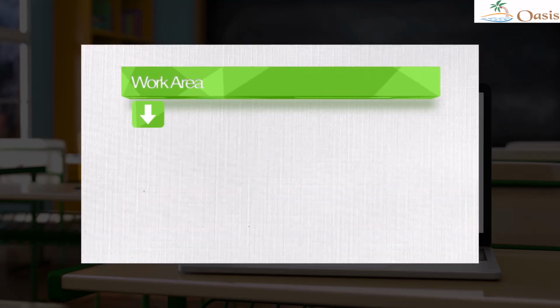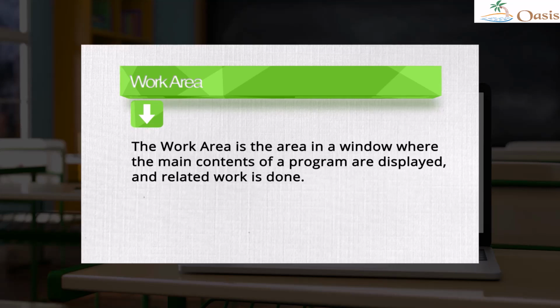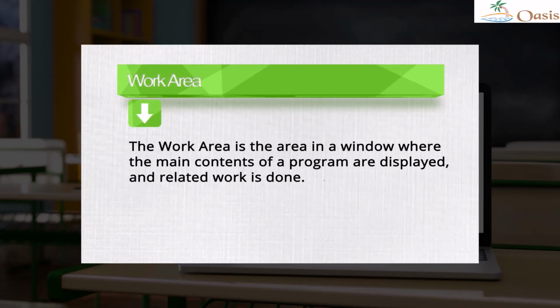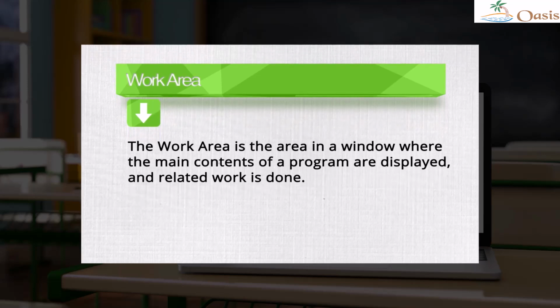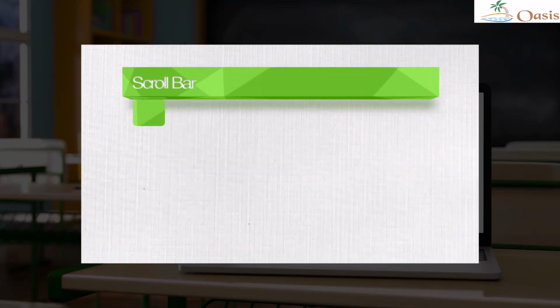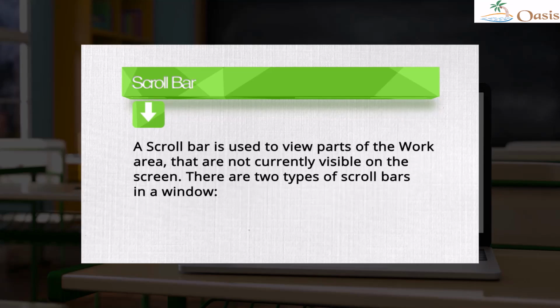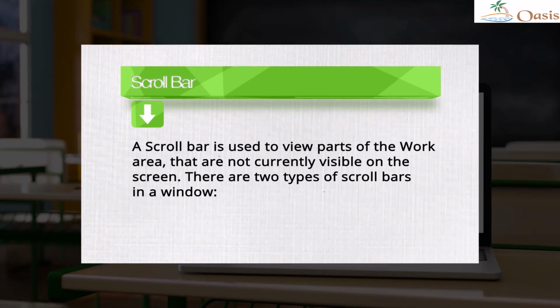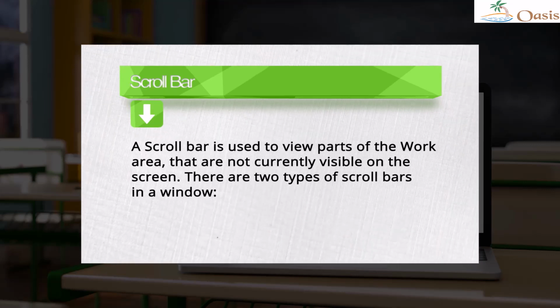Work area. The work area is the area in a window where the main contents of a program are displayed and related work is done. Scroll bar. A scroll bar is used to view parts of the work area that are not currently visible on the screen. There are two types of scroll bars in a window. 1.